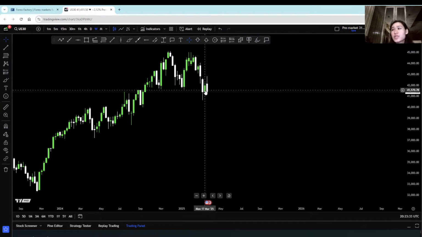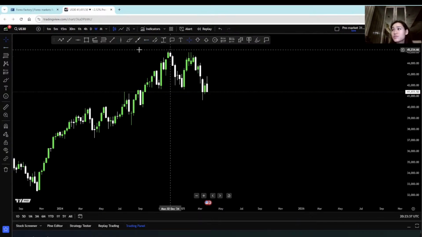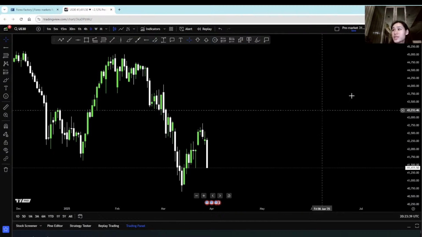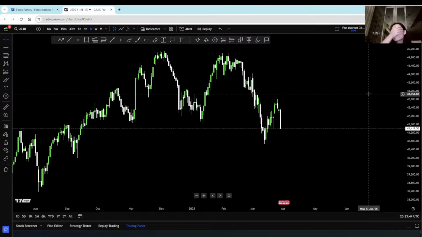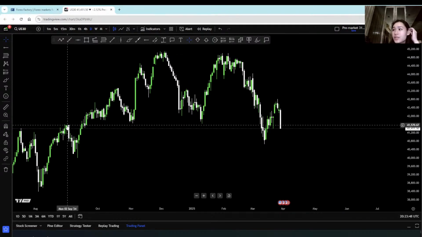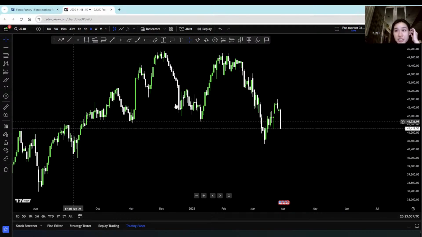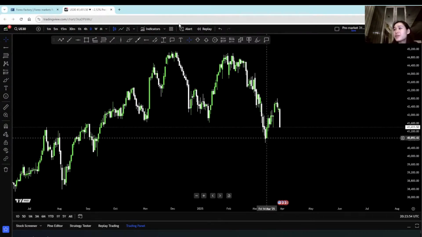You can see prices kind of rebounding off this support level. Now on our daily time frame, it's actually giving us a bit of a bullish, bearish signal. Sorry.